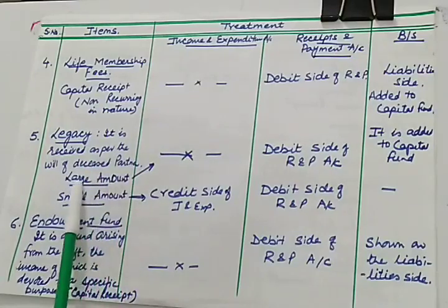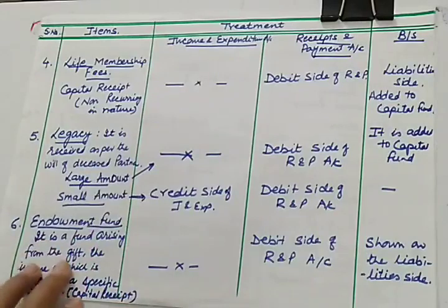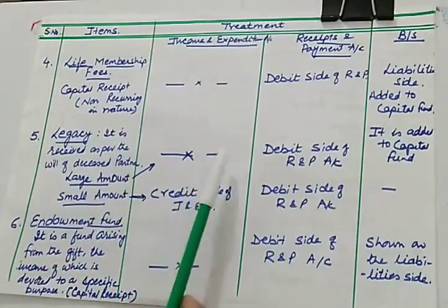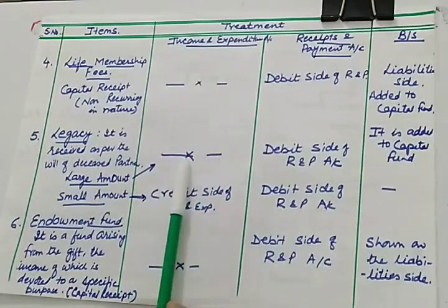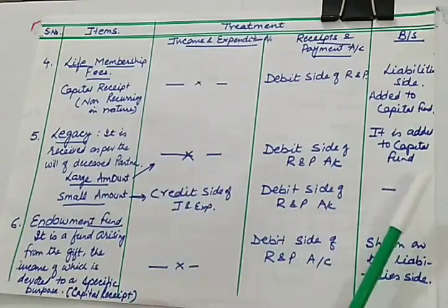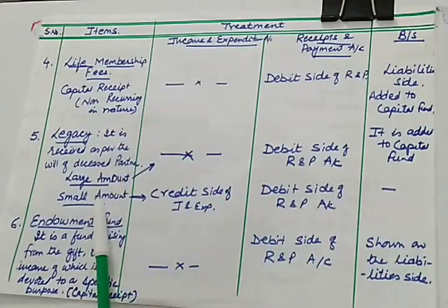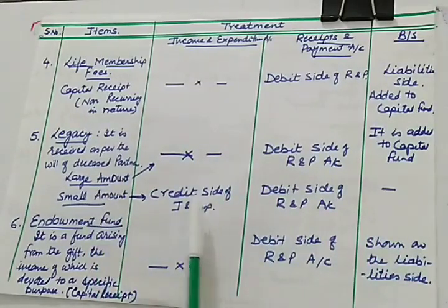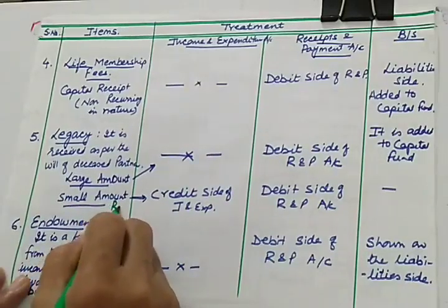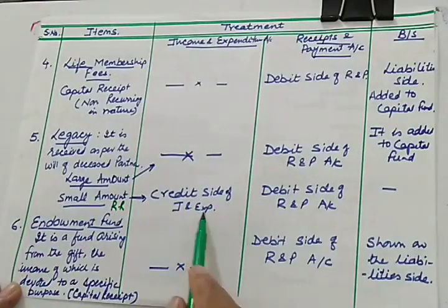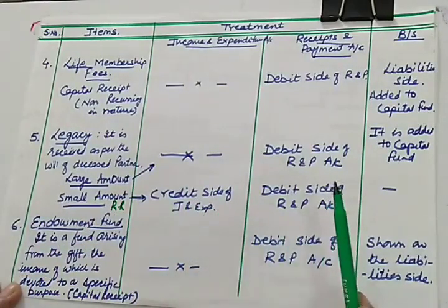If the amount is quite large, it will be treated as a capital receipt, so it will not be shown in income and expenditure, it will be shown in the balance sheet. But if it is of small amount, it can be treated as a revenue receipt and will be shown on the credit side of income and expenditure account.